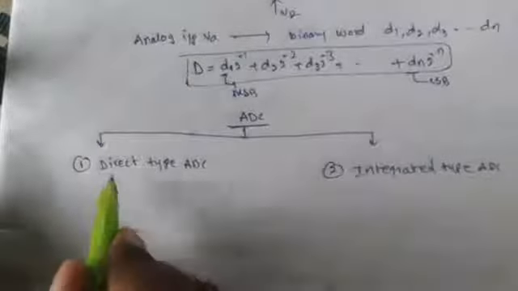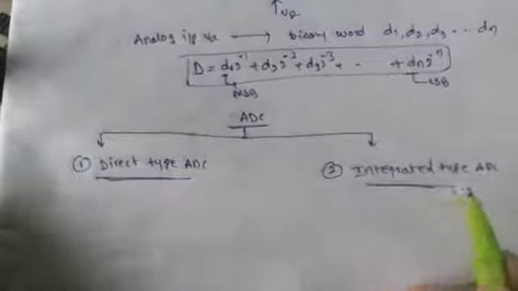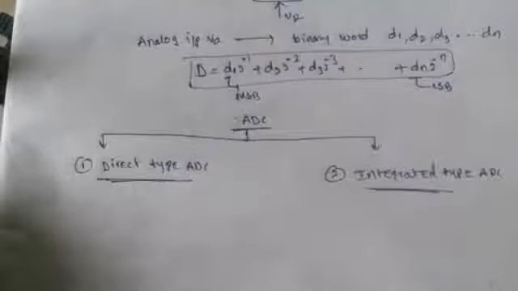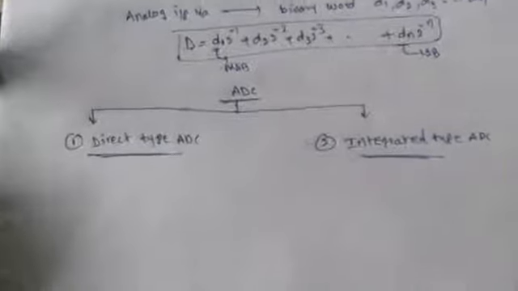So how will direct type ADCs work, and how will integrated type ADCs convert analog into digital?